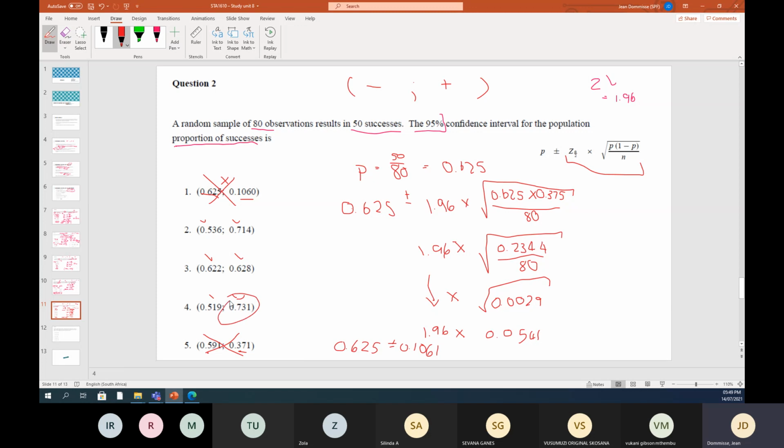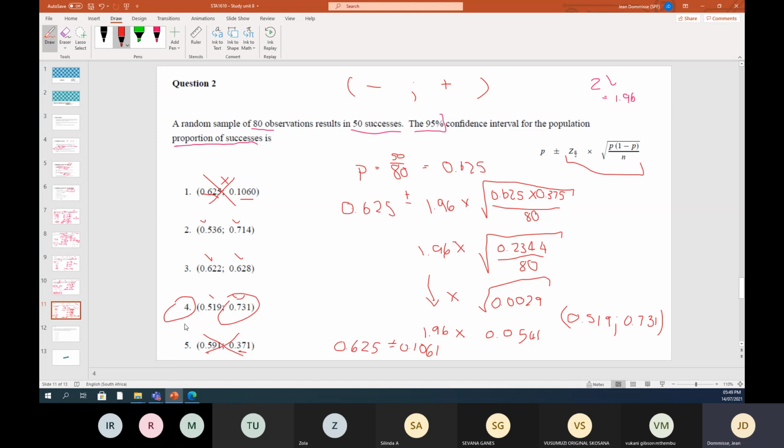Okay, so I am getting that 0.731, and then if I say 0.625 minus 0.1061, I do get the 0.519. Okay, so option 4 is the correct one.